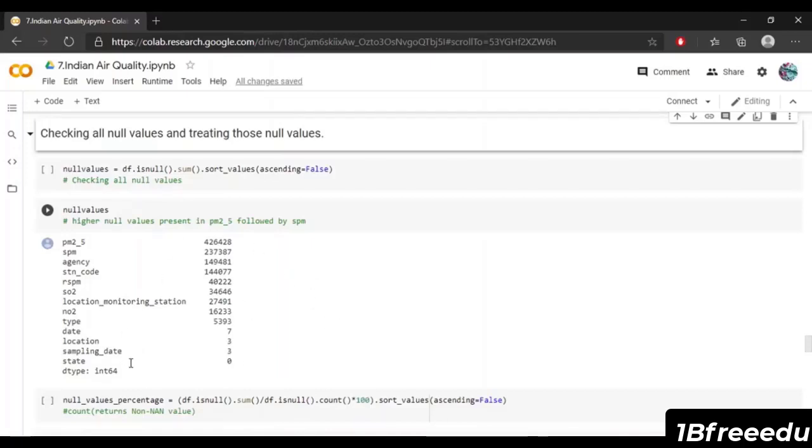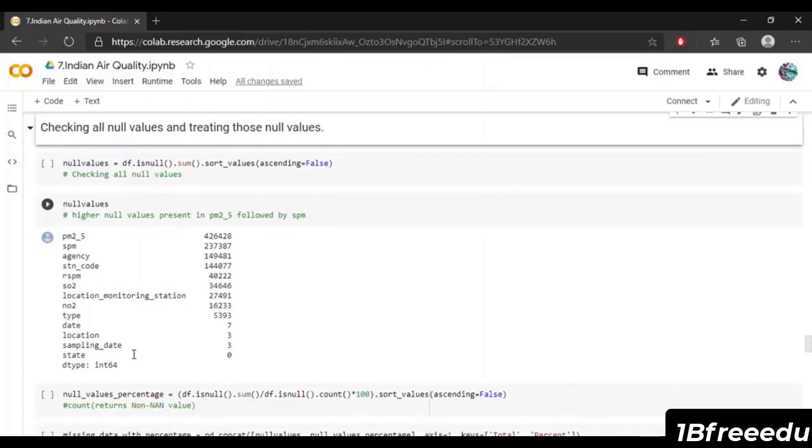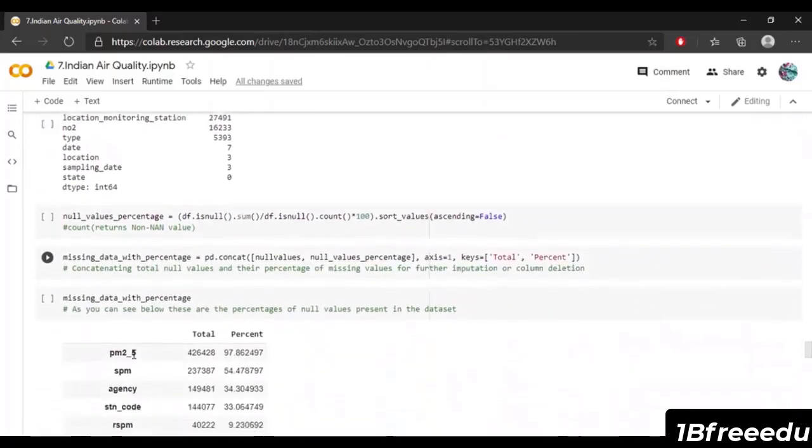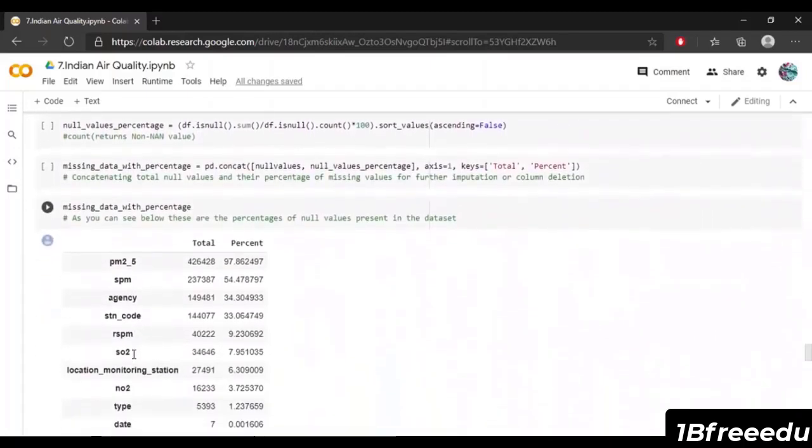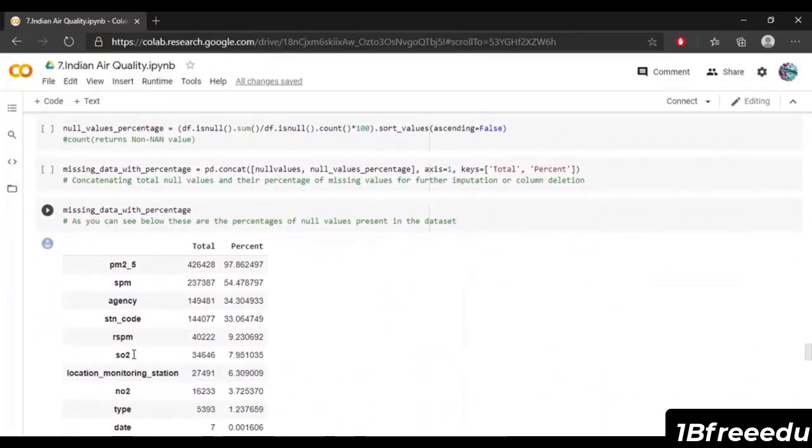So now we are going to calculate the percentage of missing values. And in order to calculate the percentage of missing values, we have used this code over here, which is called the null values percentage.